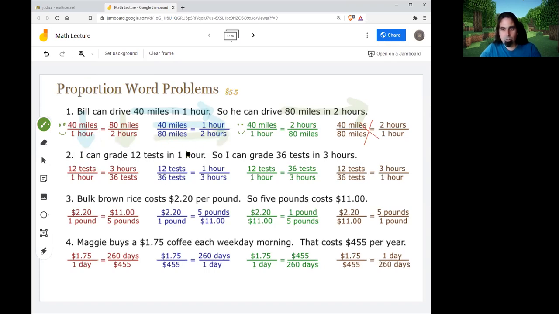So it is still symmetric, but now one situation is on the top and the other is on the bottom, instead of one being on the left and the other being on the right. Does the cross multiplying work? Does 40 times 2 equal 80 times 1? Yeah. So this one is, for most people, very unnatural. They don't like it. It is not surprising that people pick the first one instead. But this is actually an okay way to do it.